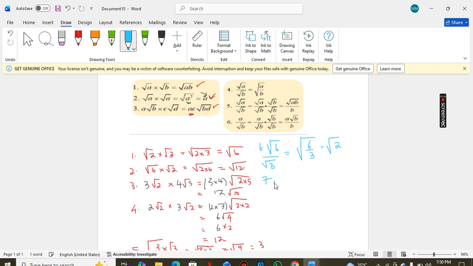Example 7. Let's say you've got 8 root of 6 divided by 2 root of 3. Okay. So the numbers, you say 8 divided by 2.